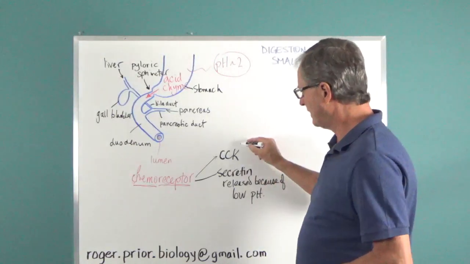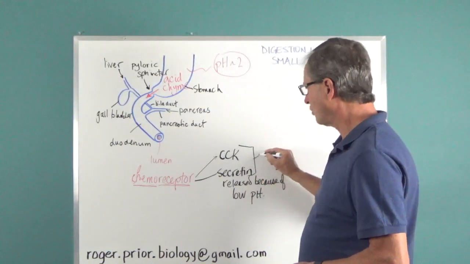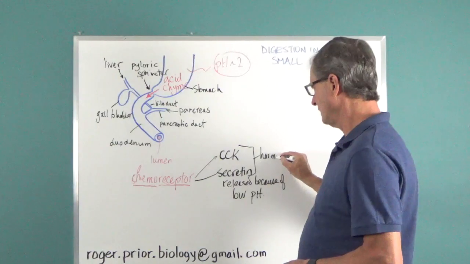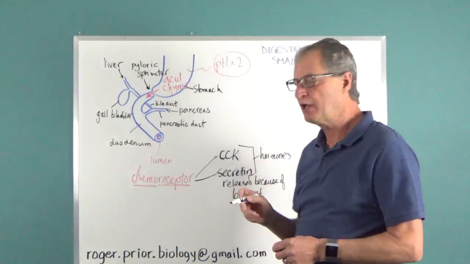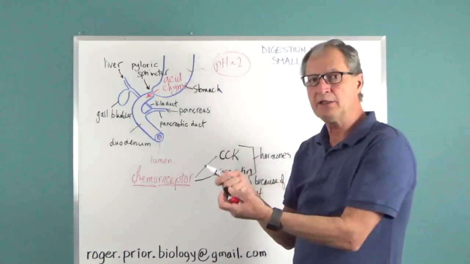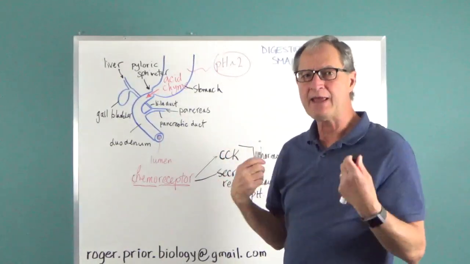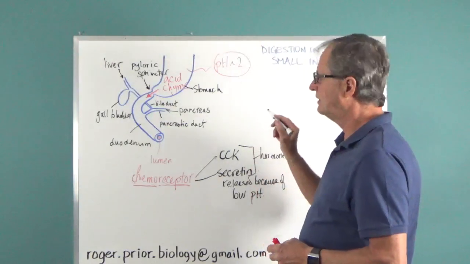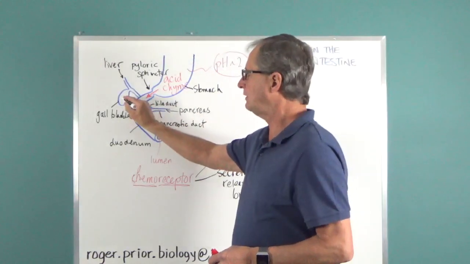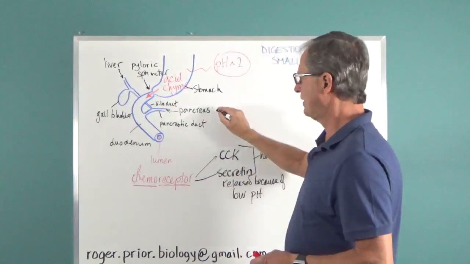These 2 substances are hormones. Now, just like gastrin, which was released from the stomach, the hormones have to go into the blood, they travel around the body, and they affect different organs. CCK affects the gallbladder and the pancreas.